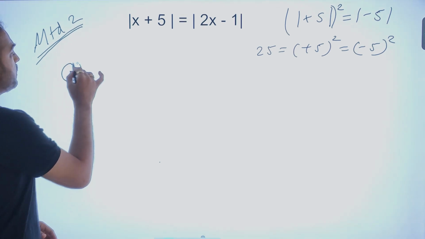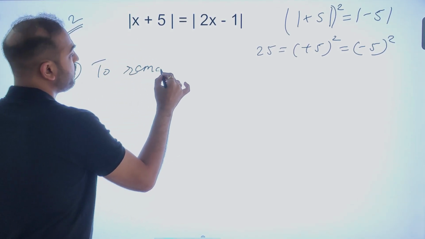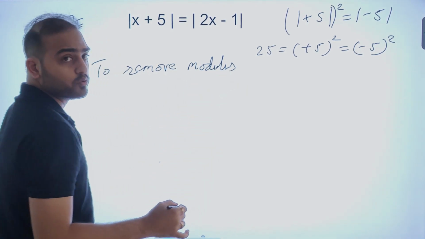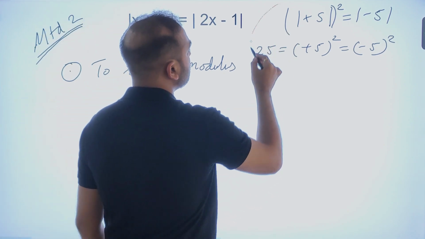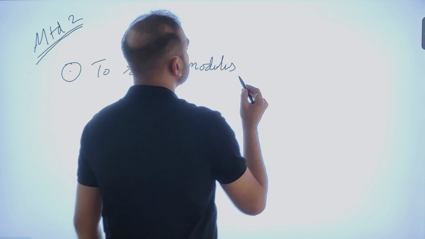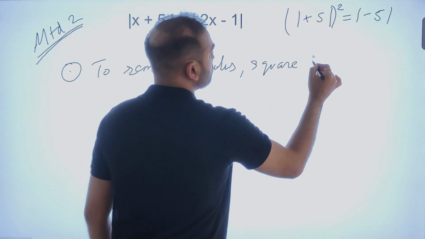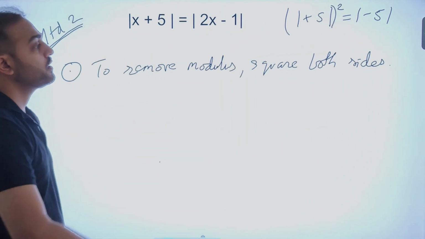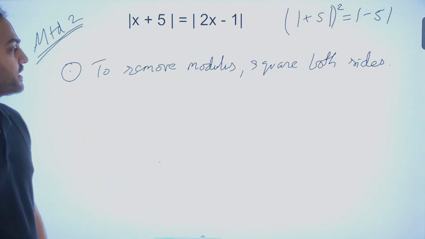If you want to remove modulus, you can simply square both sides. I'm trying to learn how the board works, so pardon me for that.